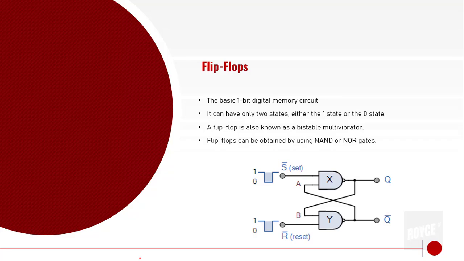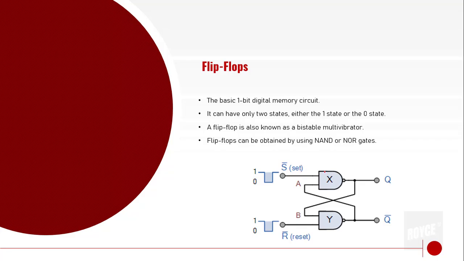So dahil digital logic circuits ito, and we are talking about binary system, so yung state ng memory, ng digital memory, will be either of the two. It can be on a high state, meaning logic 1, or a low state, meaning logic 0. So this is our flip-flop. As you can see here below, this is an example of a flip-flop.